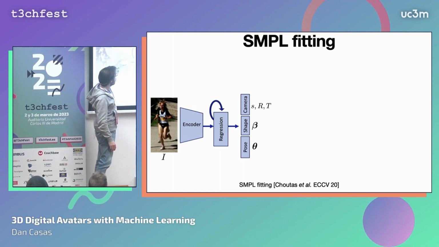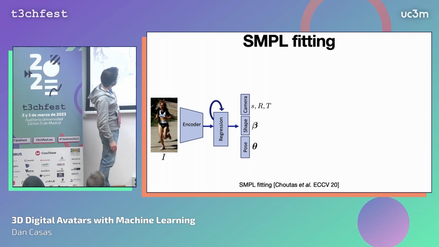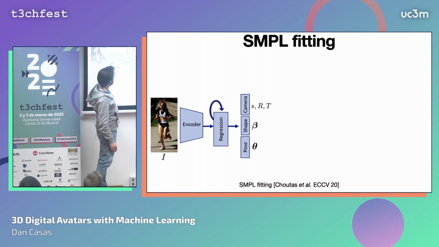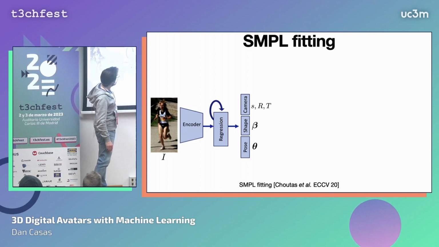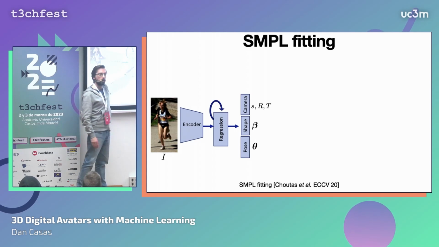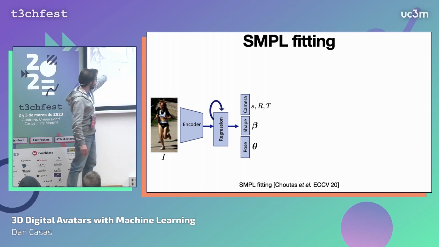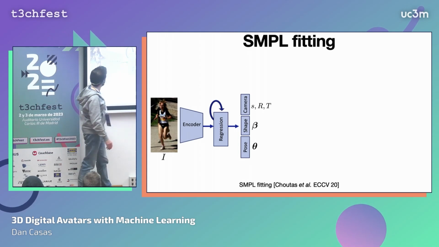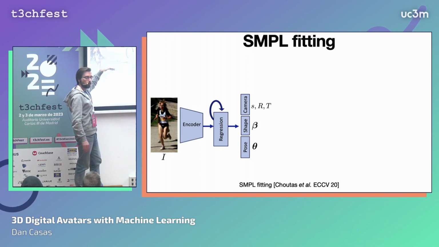After we get this encoding, we get a low-level representation. Here you can have maybe 100 numbers that encode this image. Then you train one of these neural networks called a regressor that, given this compressed information of the image, outputs the pose and the shape, the beta and the theta that I was talking about in the previous slide, okay? Usually you also output the camera position, because of course this human can be captured in any image, from any viewpoint.